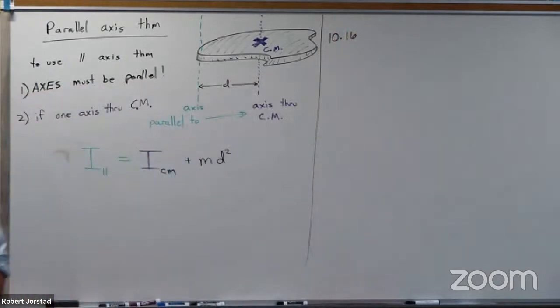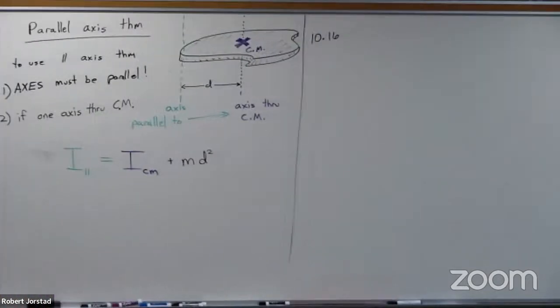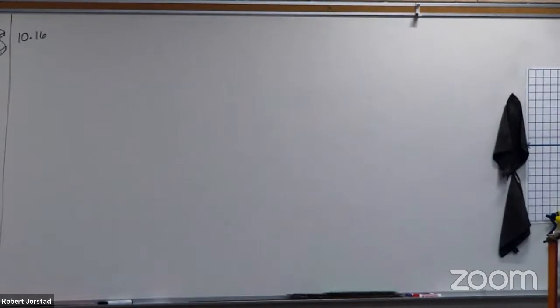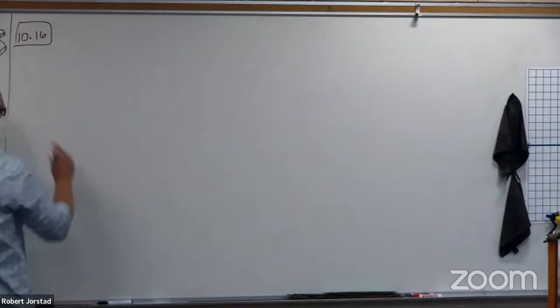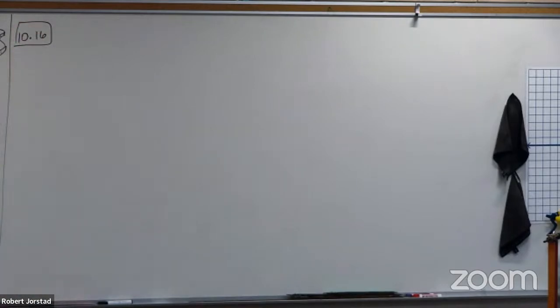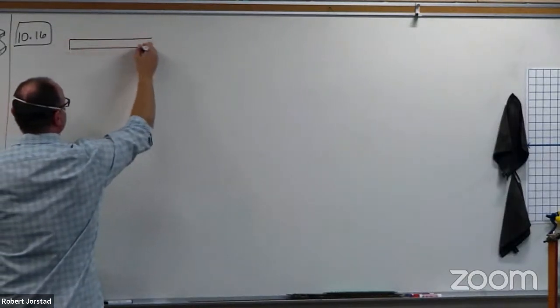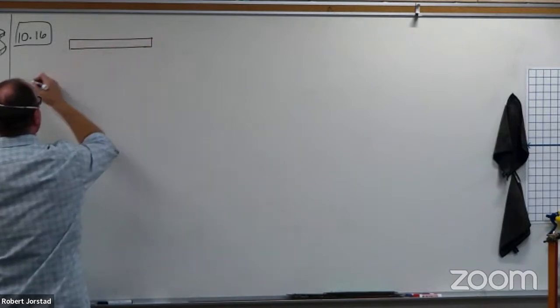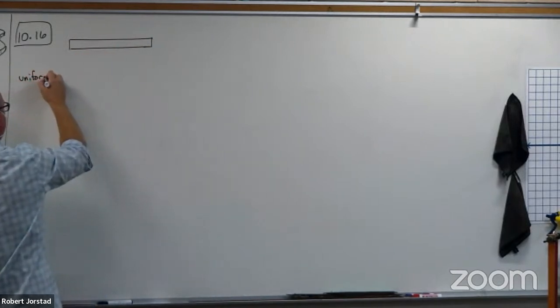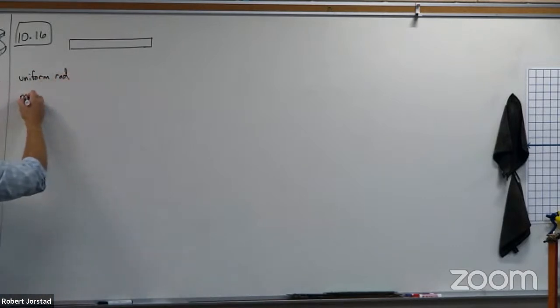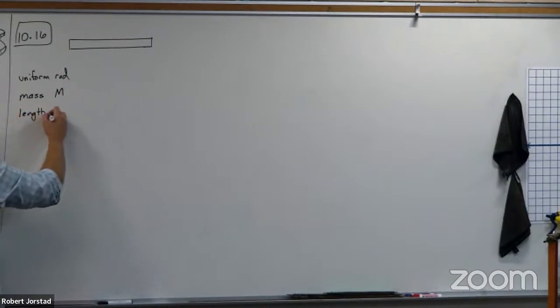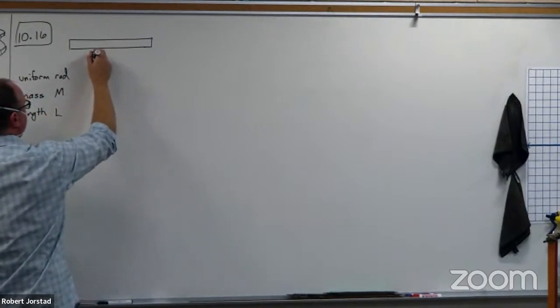I'm going to go this way. Okay. 10.16. Uniform rod, mass M, length L. Okay. We're going to rotate it about this axis.